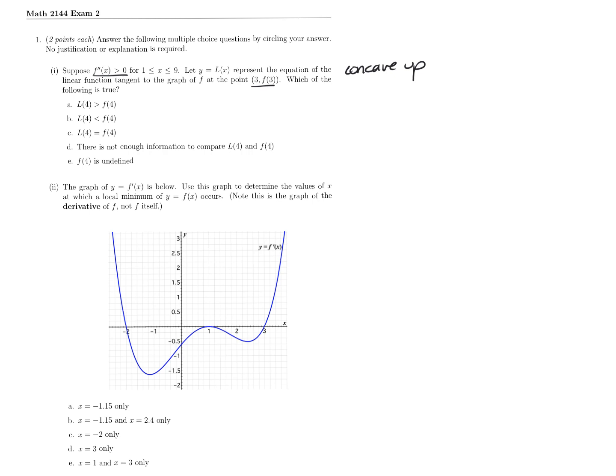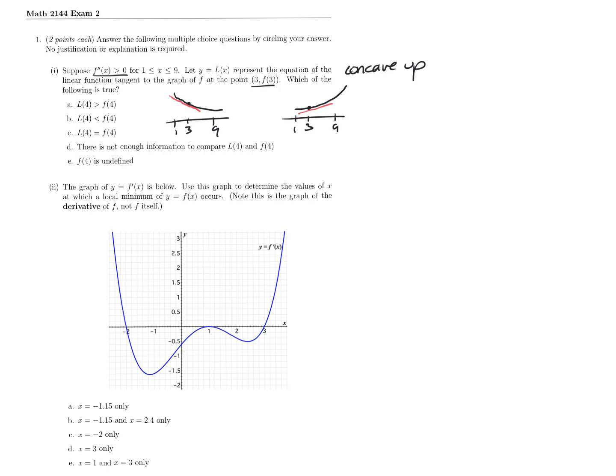Well, let's draw some pictures. We know that it's concave up, so there's two possible orientations it could be. For both, we're going to have from 1 to 9. It could either be concave up and decreasing, like this, or concave up and increasing, like this. Let's say we have 3 here on both of them. Our tangent line, if we draw that, is going to look like this.